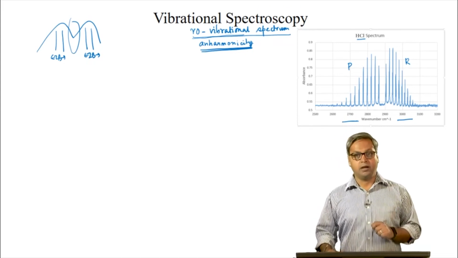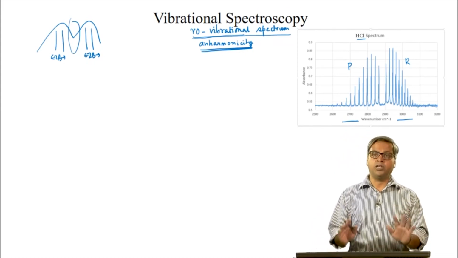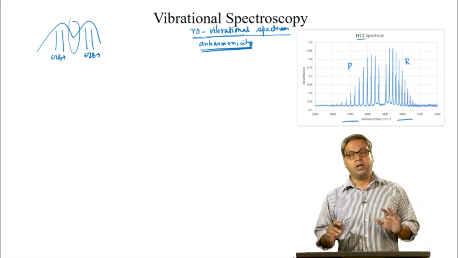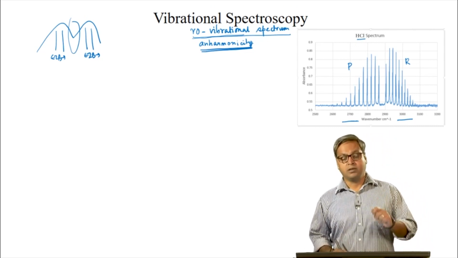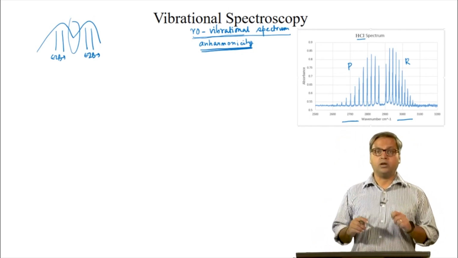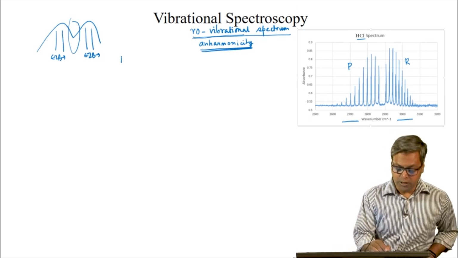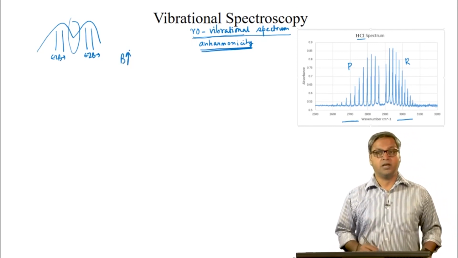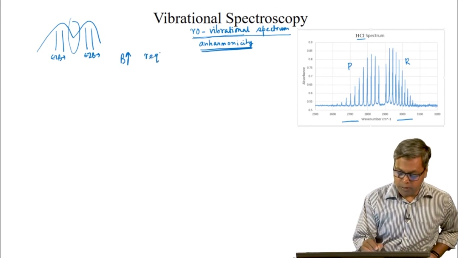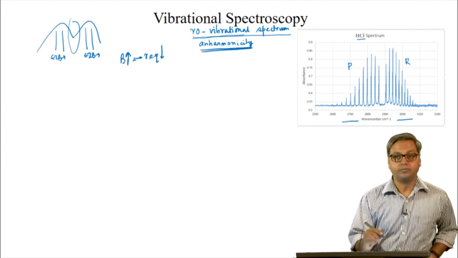Going back to the lectures on rotational spectroscopy, we know that the bond length affects the rotational constant B. The rotational constant B increases as the average bond length, or R equilibrium, decreases.